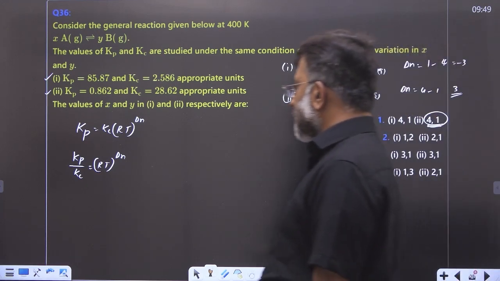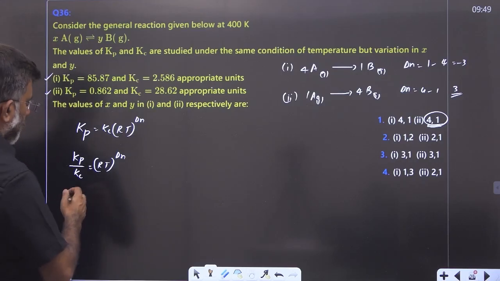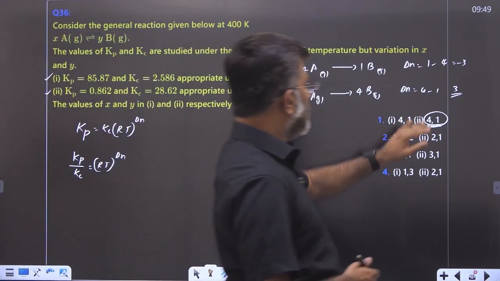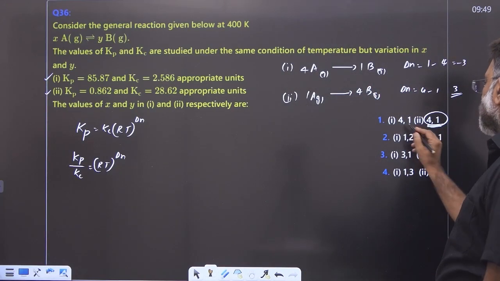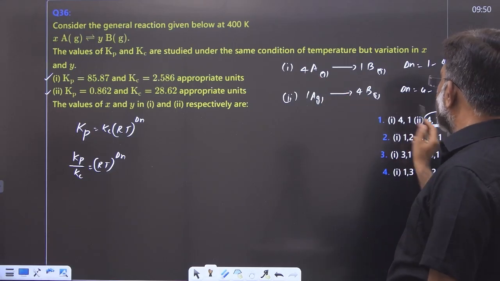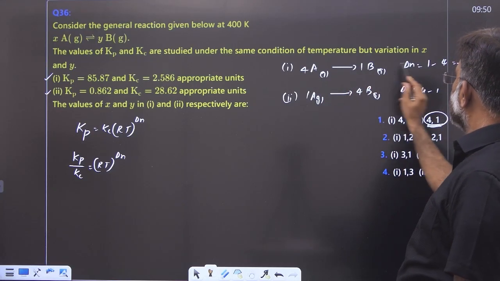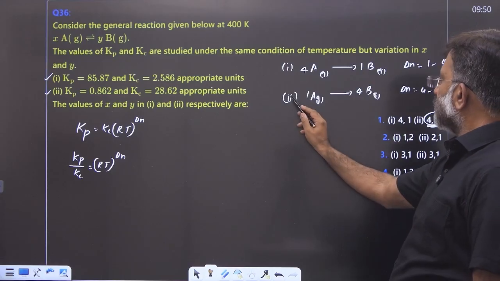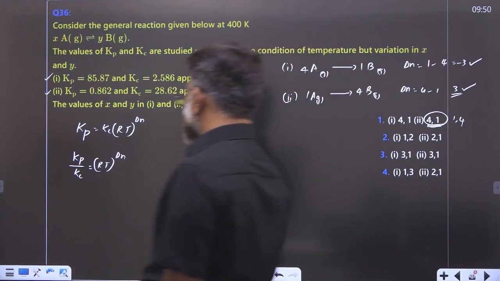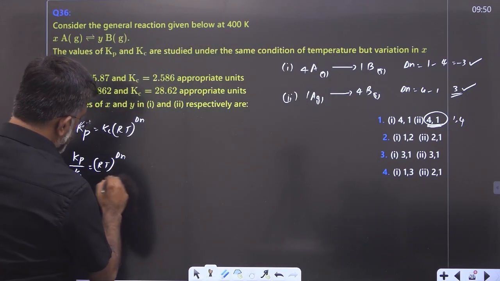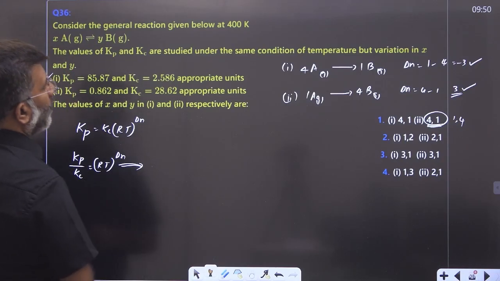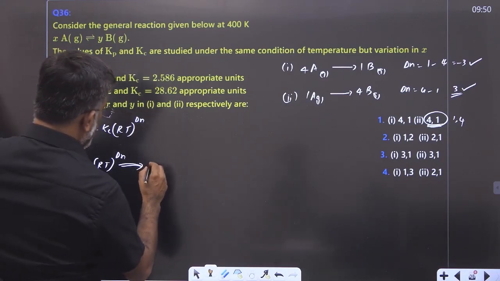So what can be done? Let us find out the Kp-Kc ratio and let us find out the RT value also. If we take the first choice, assuming 4-1 and 1-4: in the first case 4-1, here 4 and here 1, so delta n will be -3. In the second case, 1 and 4, delta n will be +3. Okay, so we can find out RT. R is given, and we can take appropriate units.